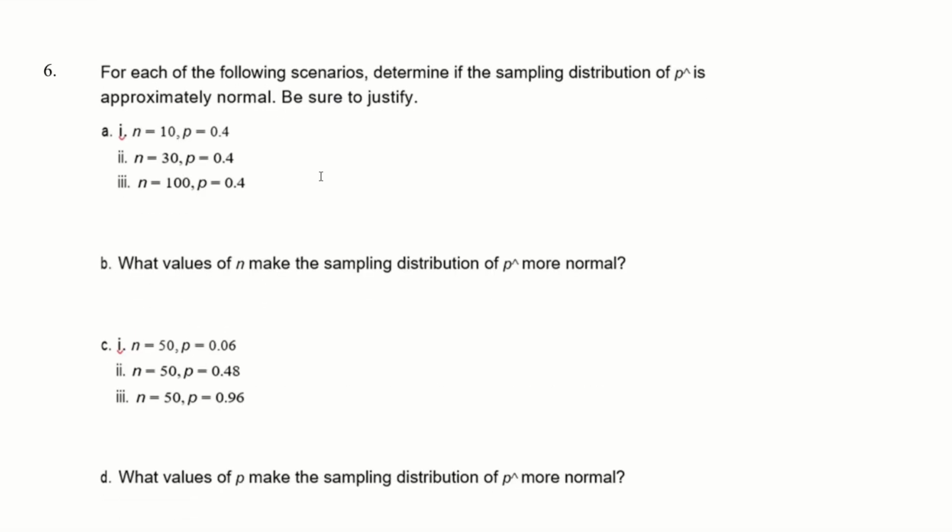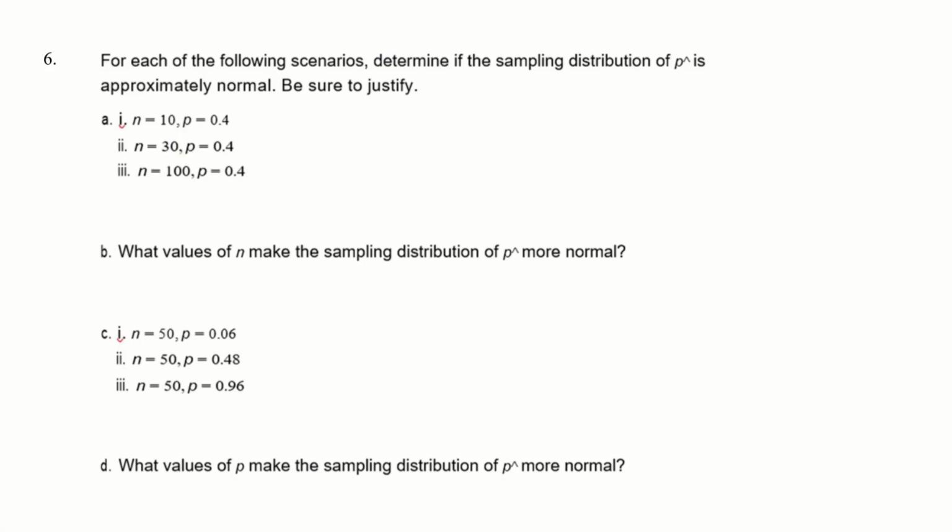So for this one, we have 10 times 0.4, which is equal to 4, which is not greater than or equal to 10. So we can see that it fails. We only have to do one of them and it automatically fails. So no for this one, not approximately normal.